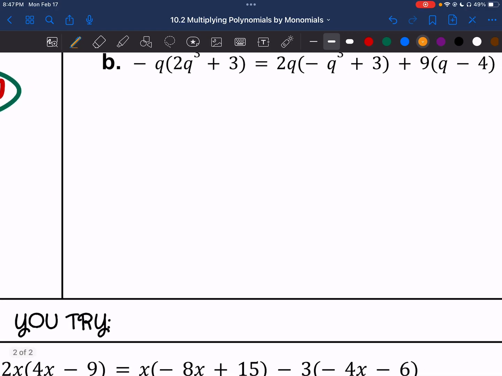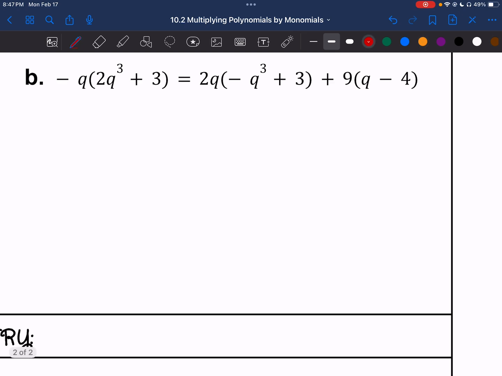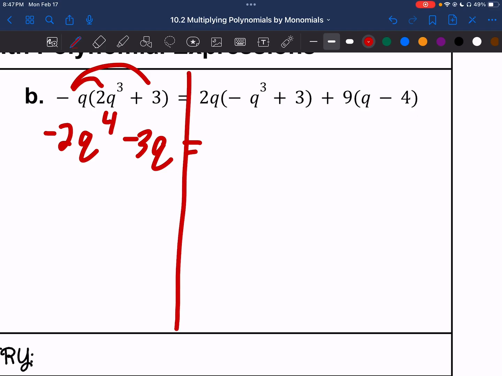All right. Letter B. So we have negative q that's going to distribute all over the place. So we're going to get negative 2q to the 4th minus 3q equals, we're going to do some distribution on the right side here.